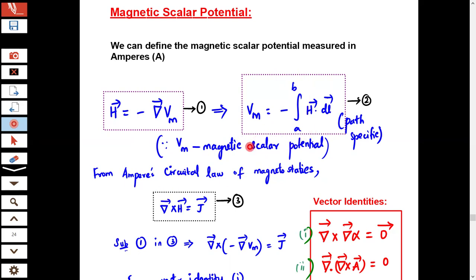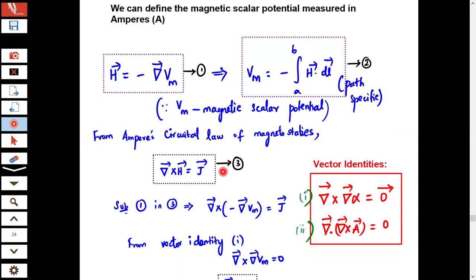And when we try to check the validity of this magnetic scalar potential equation, we can use a well-known law which we have already discussed, that is Ampere's circuital law of magnetostatics, which is curl of H equal to current density vector J. So let us try to find the significance or validity of equation number 1 with respect to Ampere's circuital law.